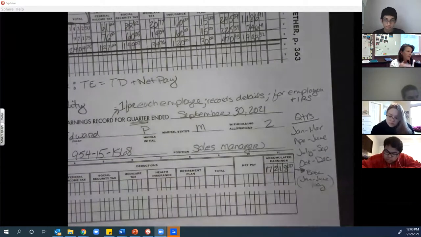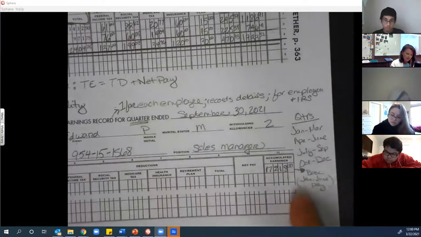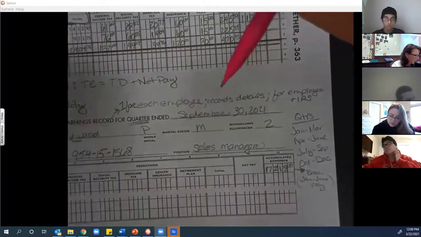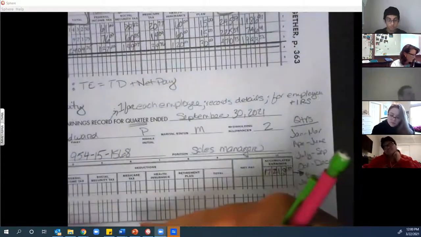All right, now we've got the new quarter. We're going to put in July 15th, and then continue with the running total. All we have to do is copy the information from up here to down here.